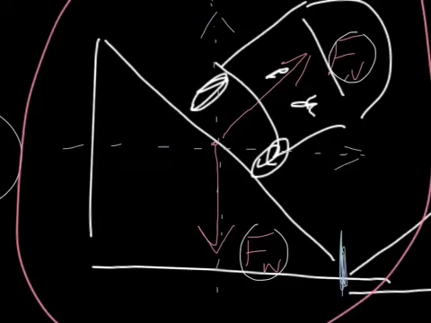We can break our normal force up into its components by dropping a perpendicular line to the x-axis and looking at the component there. Let's see if we can make this line a little bit more evident. The line right there is the x component of our normal force. That's going to be our centripetal force.